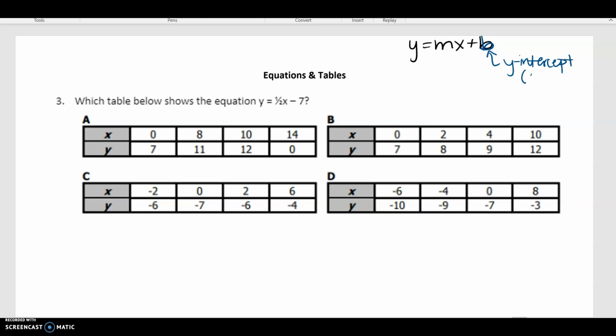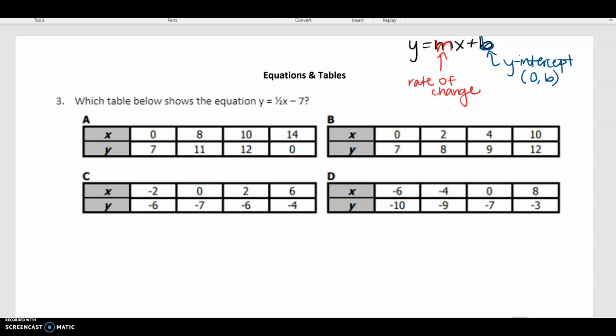So I can find it in a table at 0, and then your b, your y-intercept. And then m is your rate of change. That's your change in y over change in x. When you're looking at it in a graph, it tells you if Louis is going uphill or downhill, okay?